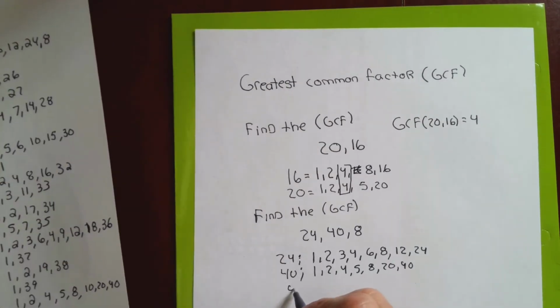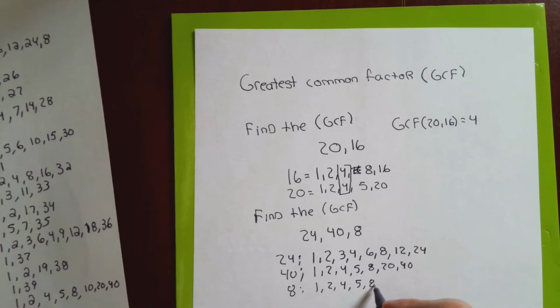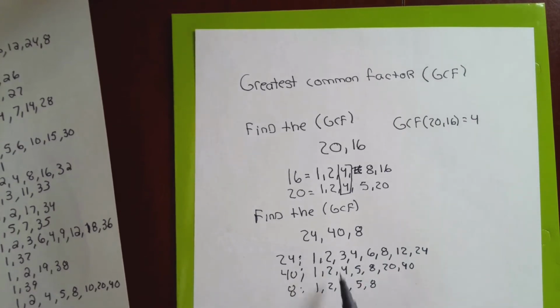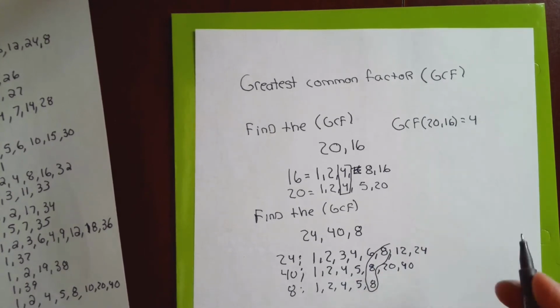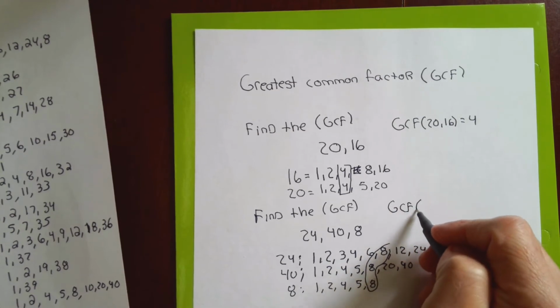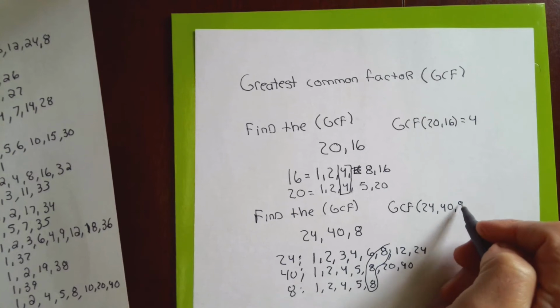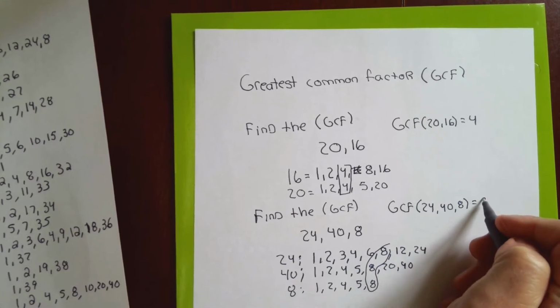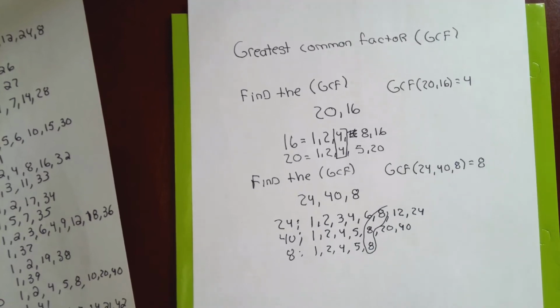If I know the factors of all the numbers, then it's not a particularly challenging activity to find the greatest common factor. 1's a common factor, 2's a common factor, 4's a common factor, 8's a common factor, and it's the biggest common factor. So I might say the greatest common factor between 24, 40, and 8 is 8. It happens to be one of the numbers. That's going to be an important skill in this section.